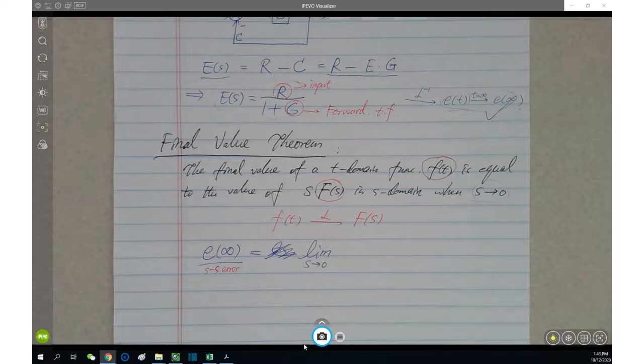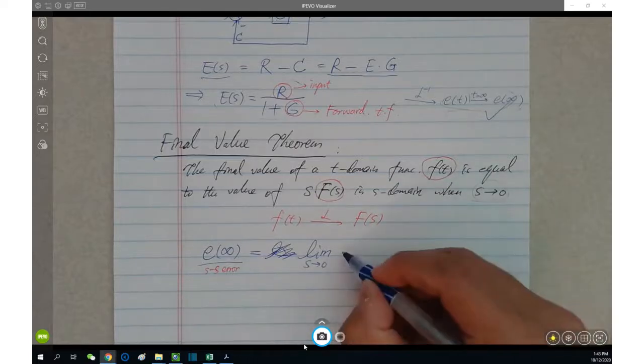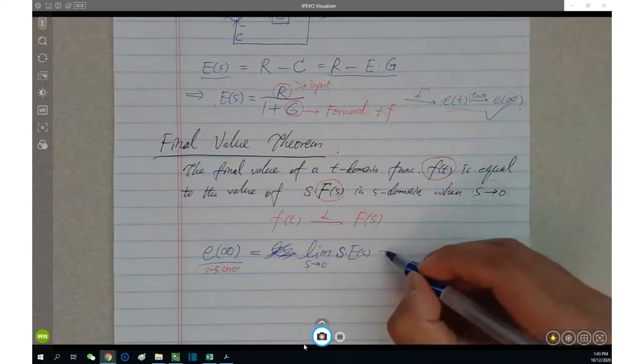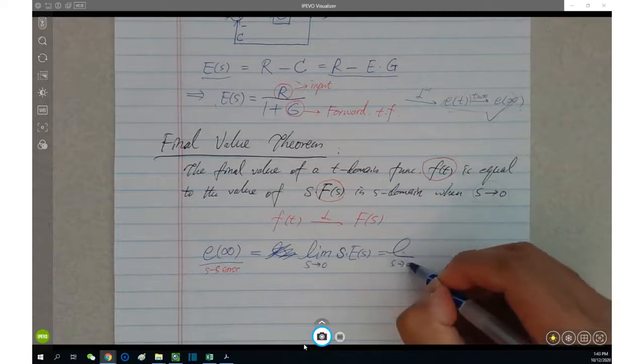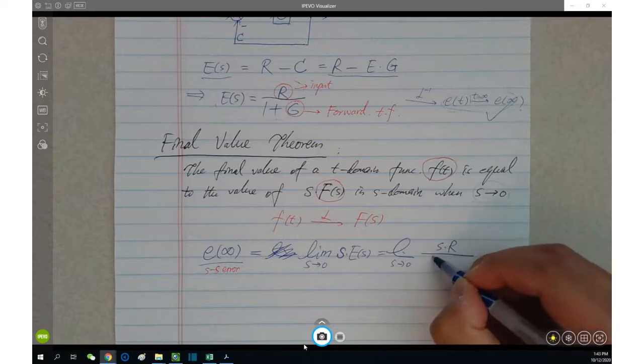Maybe you see why. Why not Kevin's E of 0? We don't want to do that. Let's see why. The limit as s approaches 0 of s times E of s. Correct. And further, it is just equal to s times R over 1 plus G, right?